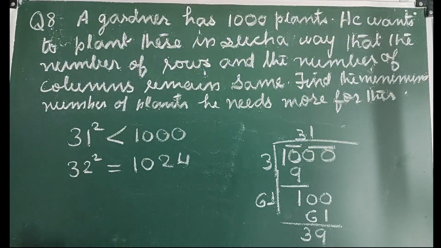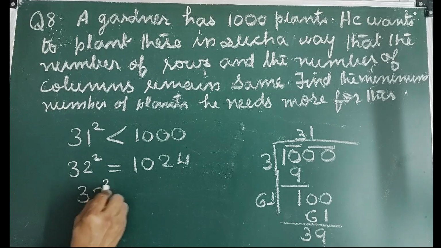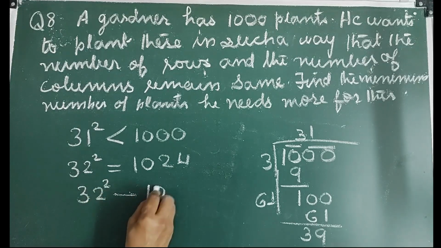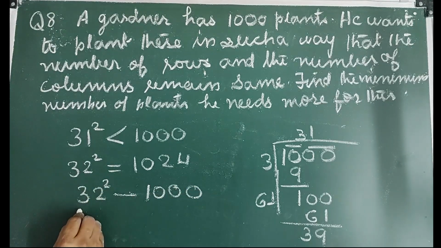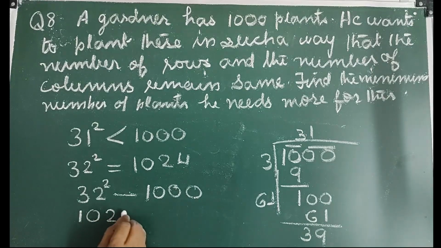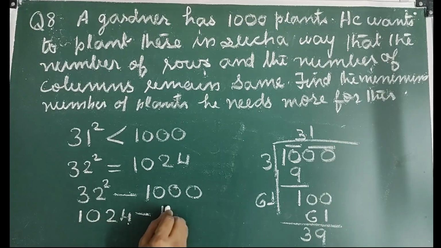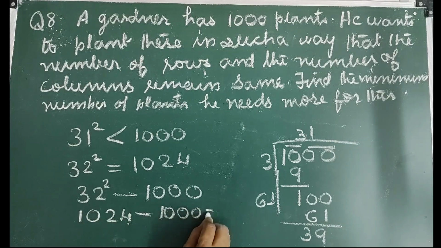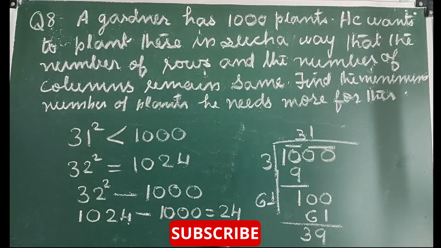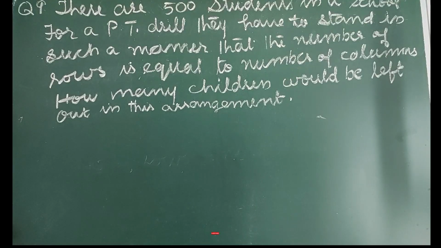Hence, the number of plants to be added is 32 square minus 1,000, that is 1,024 minus 1,000, that's equal to 24. So he needs 24 more plants.